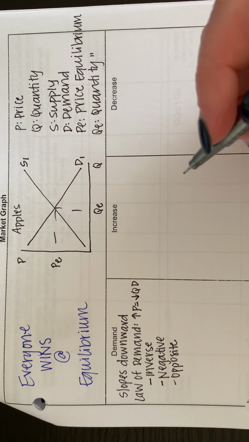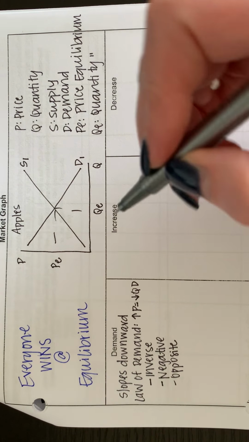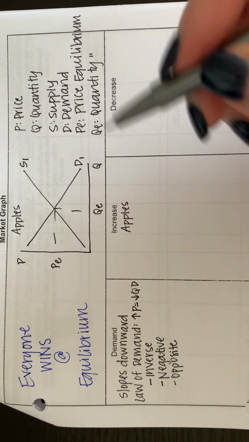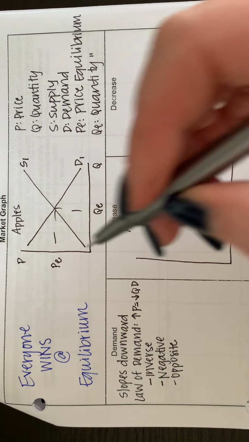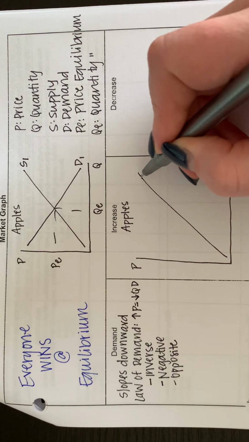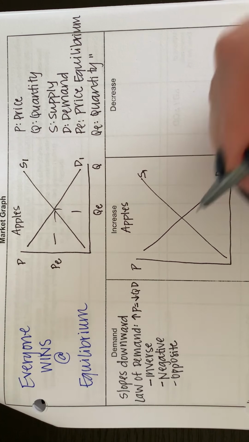So let's go ahead and draw market graphs here and increase and decrease boxes. And again, we're going to be graphing for apples today. So we draw our graph here. We have price on the vertical, quantity on the horizontal. Our supply curve is going to slope upward and our demand curve is going to slope downward.